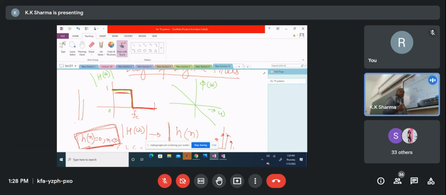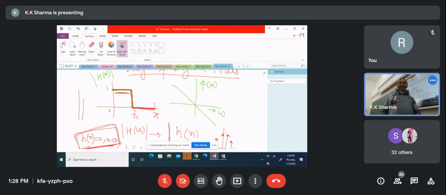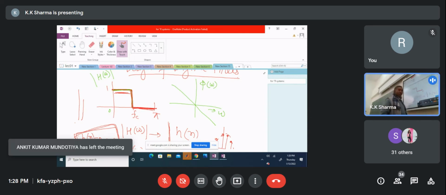ln of 1 is 0, of course, and if you consider this range, what about this? Log 0 is minus infinity. Agreed? Of course, for the pass band it is 0.